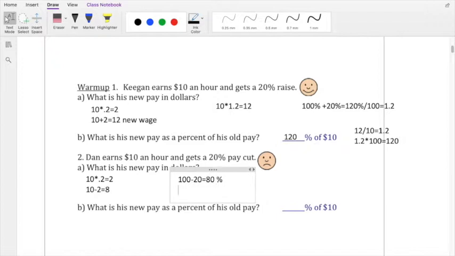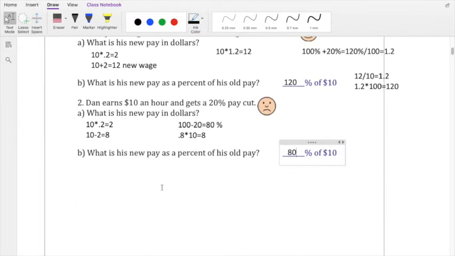And 80% as a number, we divide that by 100. It's going to be 0.8 times his wage. So it's going to be 8. And of course, we already did this up here. It's going to be 80% of 100. All right, so there's a couple ways to do it. You still get to the same spot.